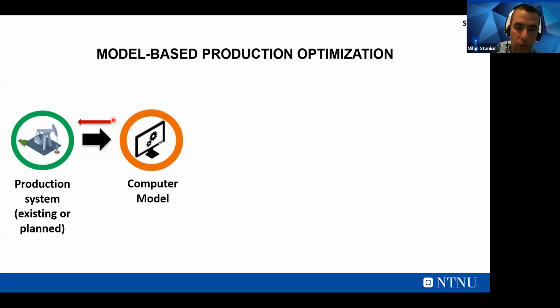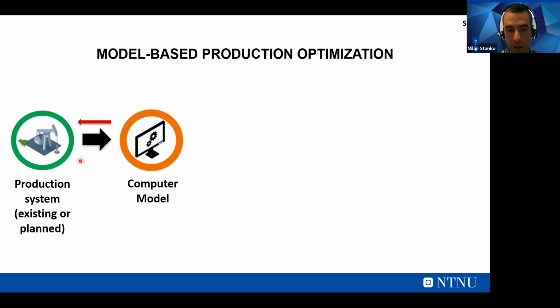I put this arrow going back here because in the process of building and creating this model, you can give a lot of things back to the system. It's expected that you will have a mismatch between the model and the actual system. But in some cases, the mismatch tells you something might be wrong in your production system, an issue that you didn't consider.